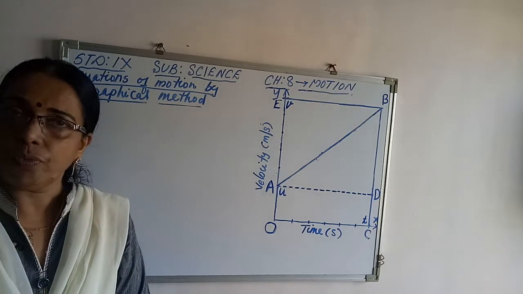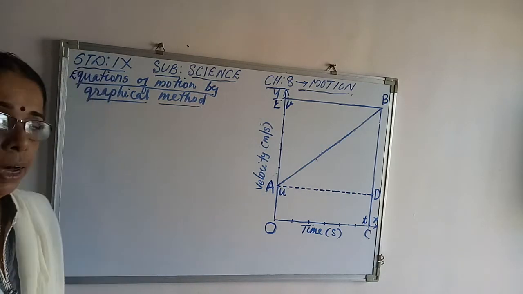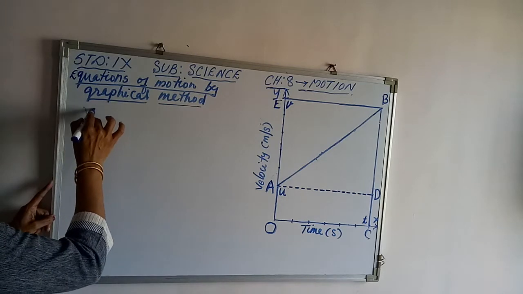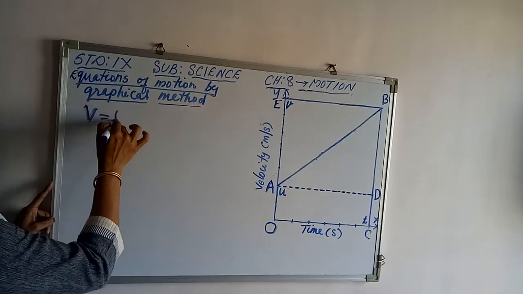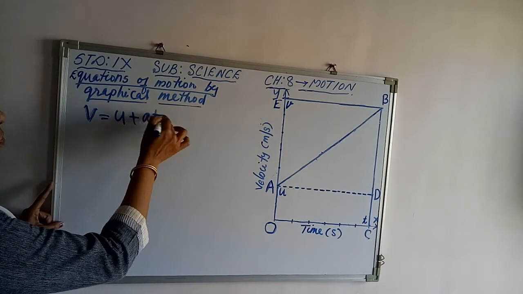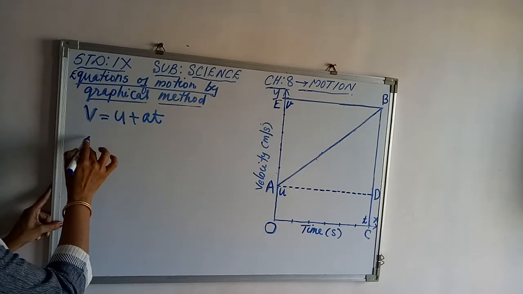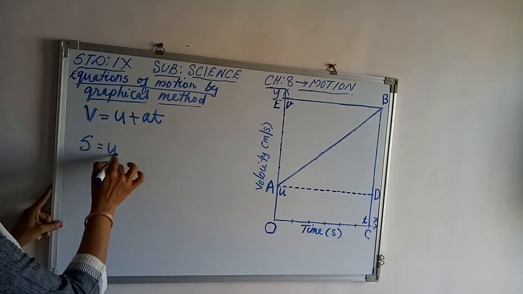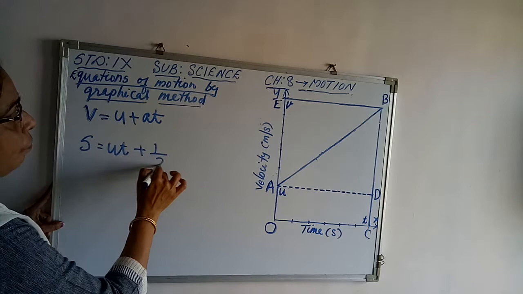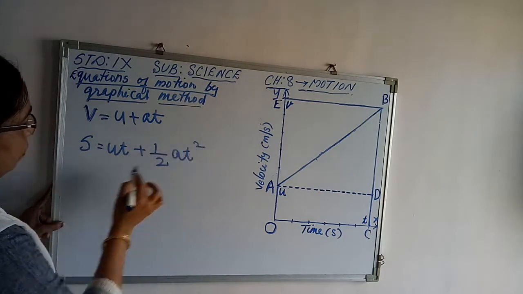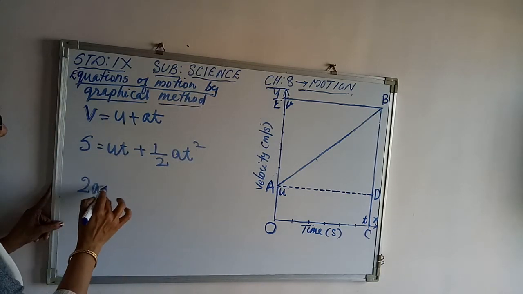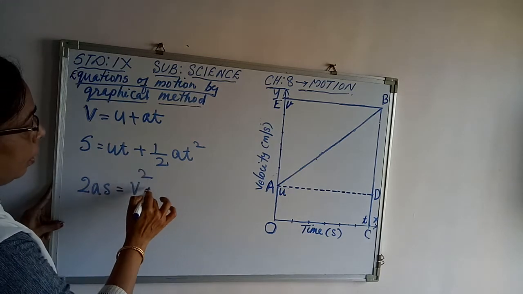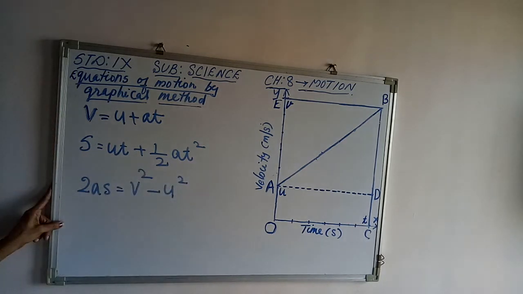So the equations of motion that we are going to derive are, the first one, V is equal to U plus AT. This is the first equation. Then the second one, S is equal to UT plus half AT square. And the third one, 2AS is equal to V square minus U square.